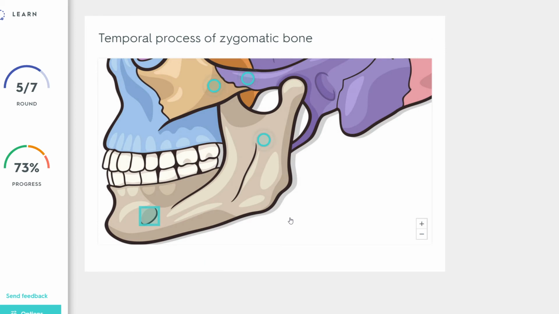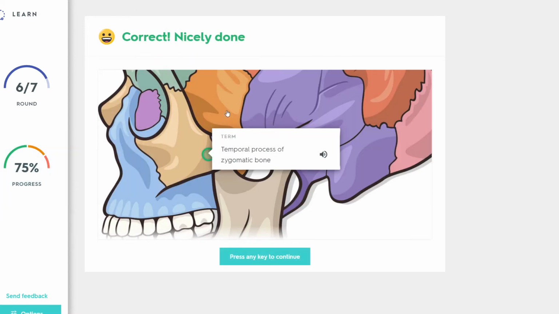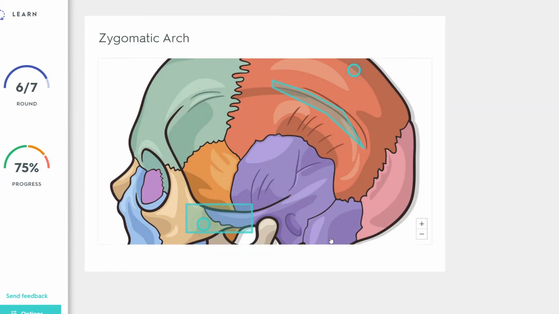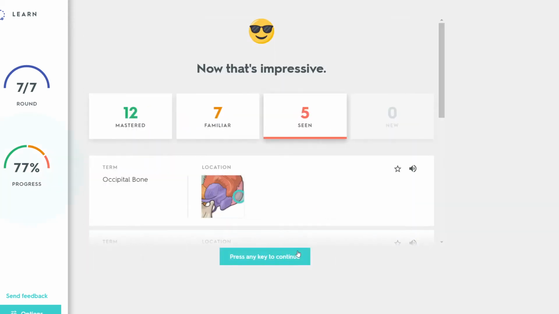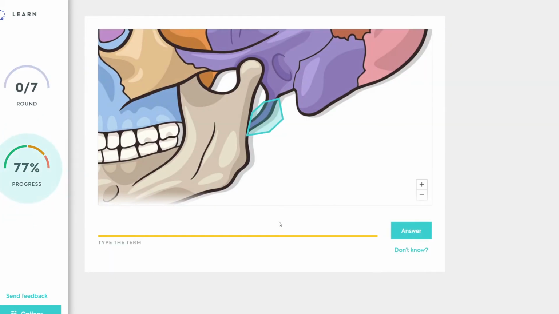Has to be, yes. Temporal process of zygomatic bone. Okay, it's that thing right there. I choose you. Yep. Zygomatic arch. Okay, it's the big thing. Yep. Now that's impressive. 12 mastered. Okay. Can't keep making the same mistakes.